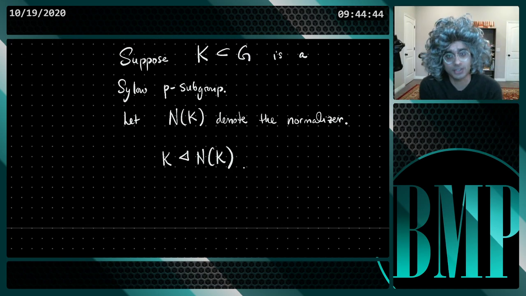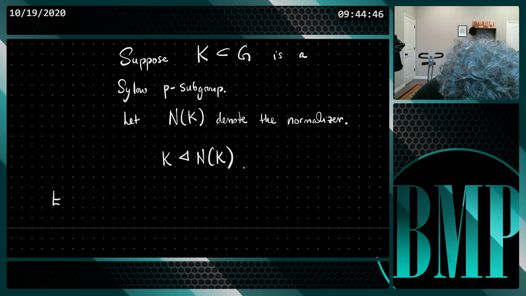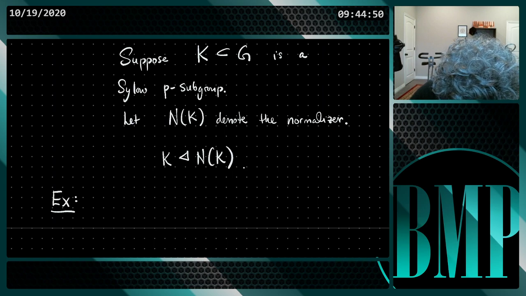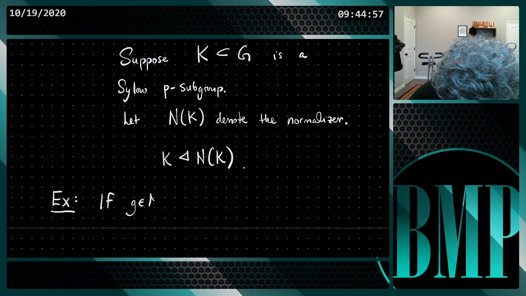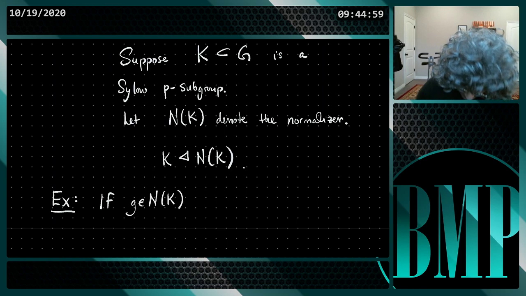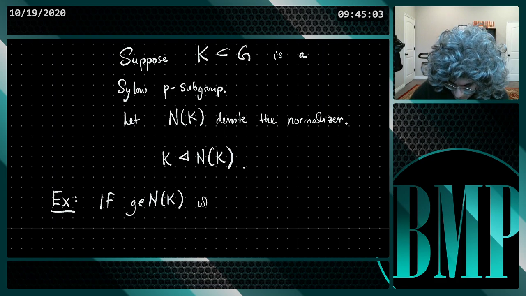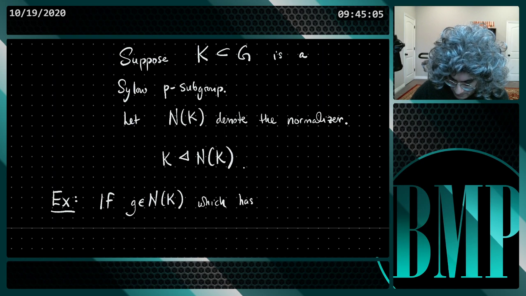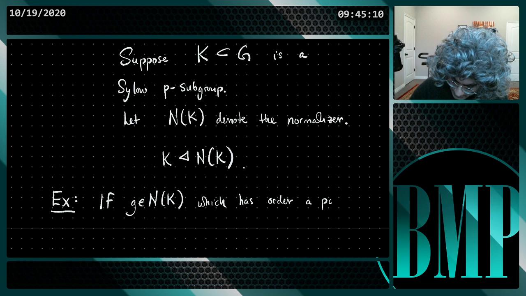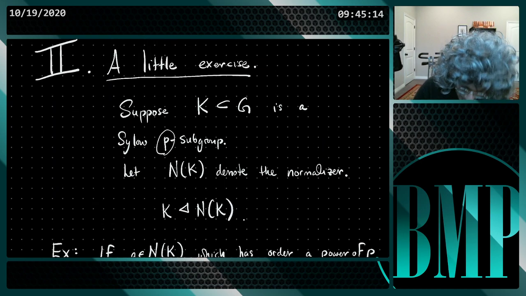So now here's the exercise. Suppose g is an element in the normalizer which has order a power of p. Remember, there's a prime.